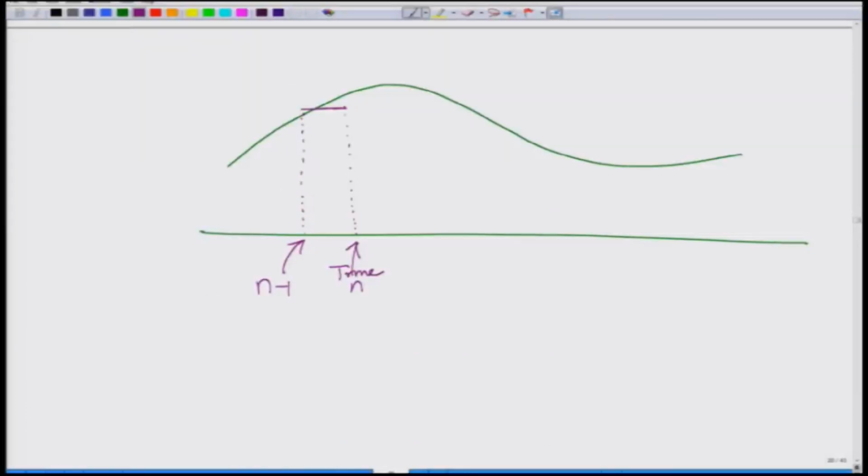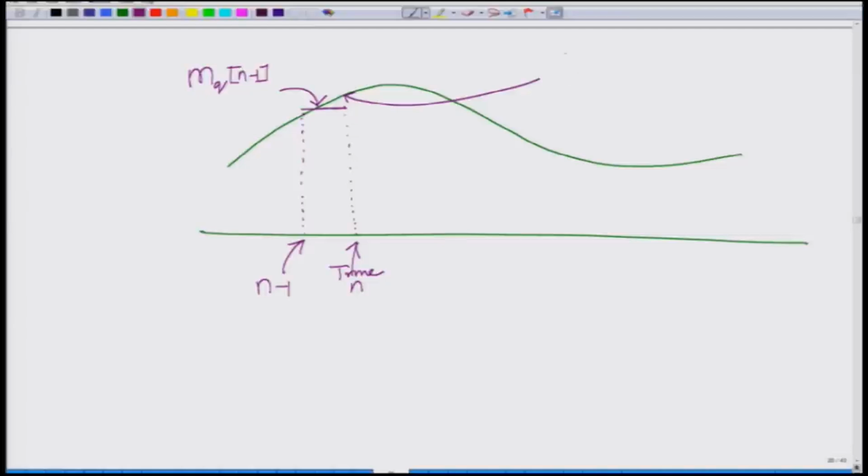At time instant n, this level is MQ n minus 1, which is the reconstruction at time instant n minus 1, and which forms the approximation at time instant n.